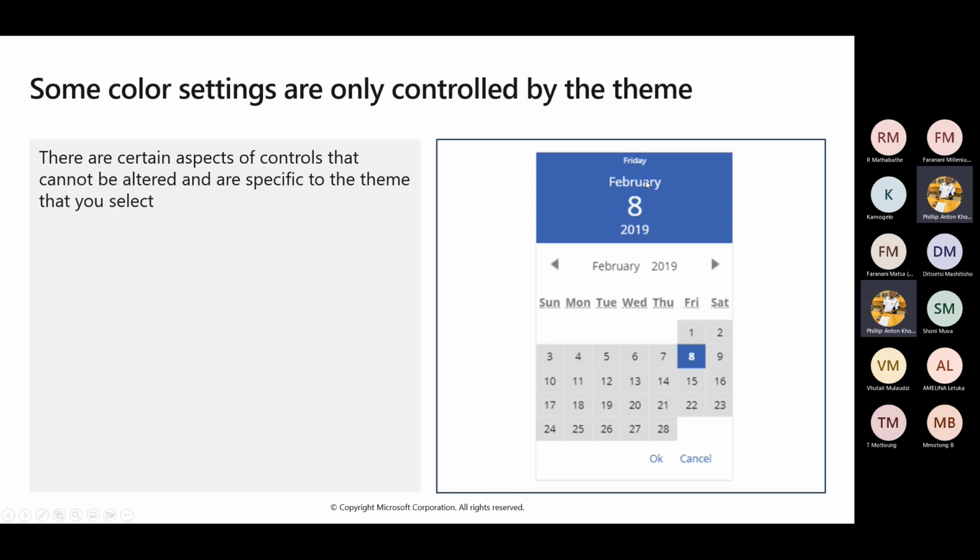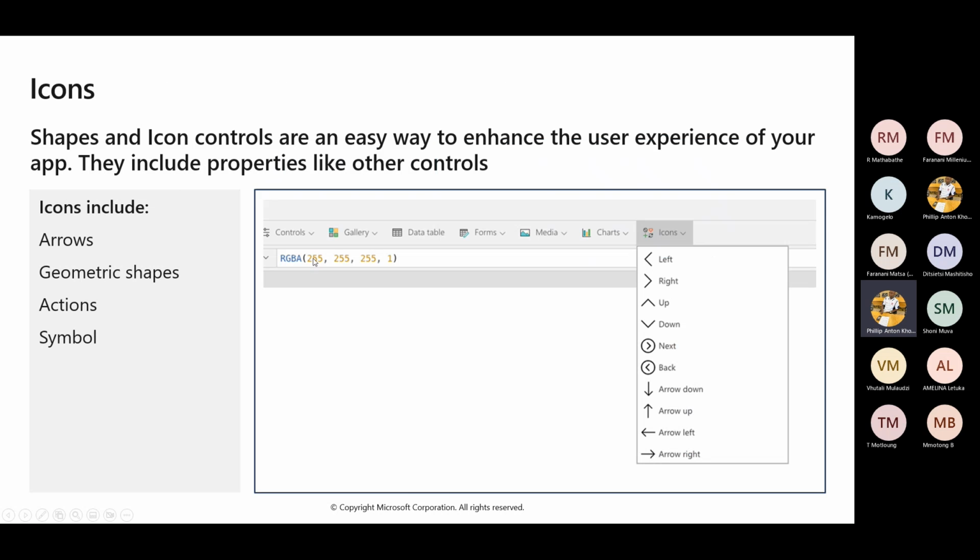Then this control will take that orange. You cannot change it manually; if you try to change it here, it will just adopt the theme color. So you should be aware that there are certain aspects of controls that cannot be altered and are specific to the theme that you select.